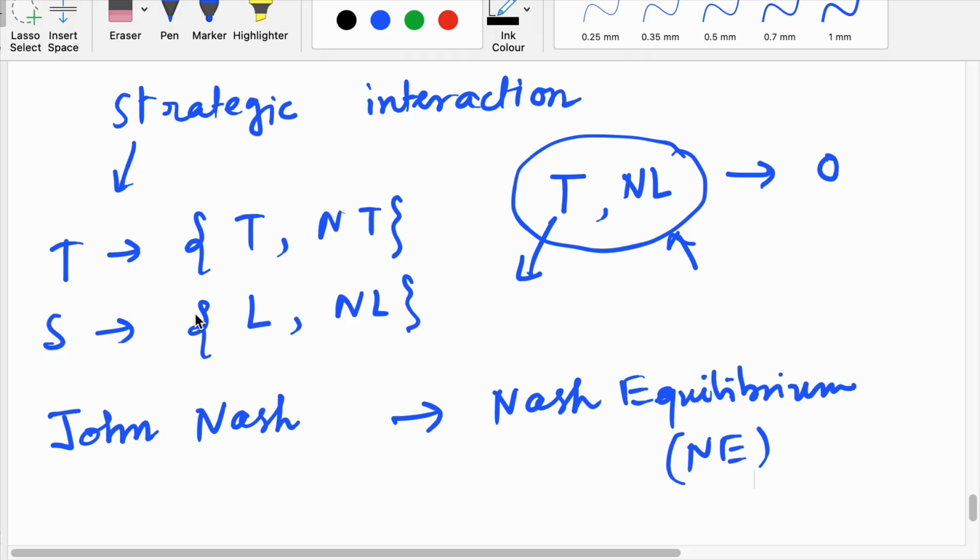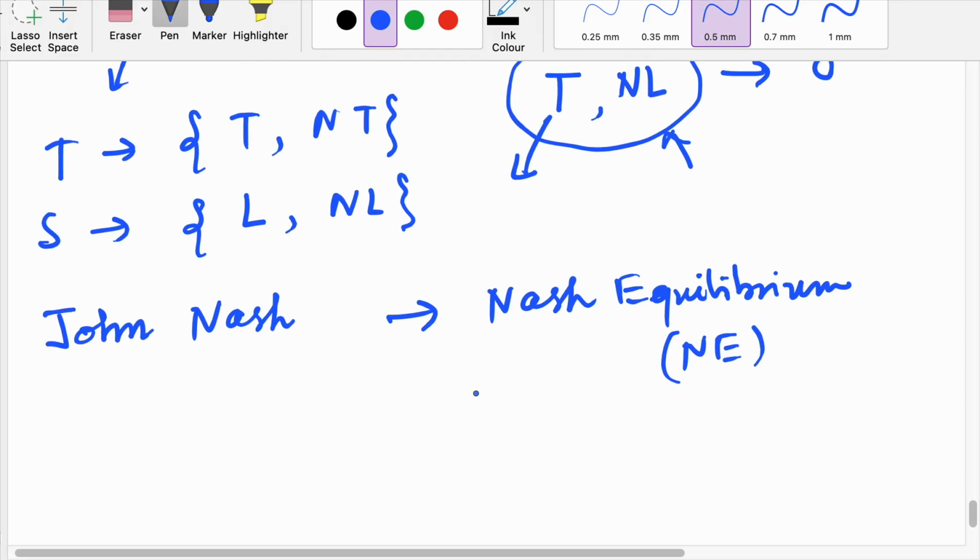Let me give you the formal definition. Nash equilibrium means exactly whatever you are pointing towards. It is an outcome, suppose of actions A and B, such that if anyone unilaterally deviates from this outcome, he cannot get more payoff than he gets by remaining at the Nash equilibrium.